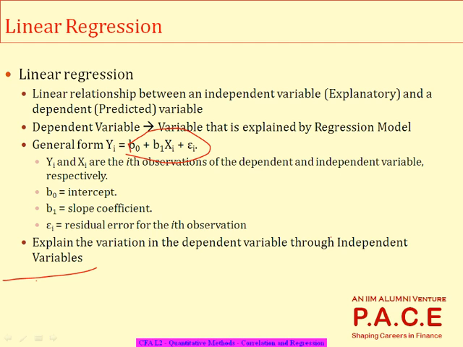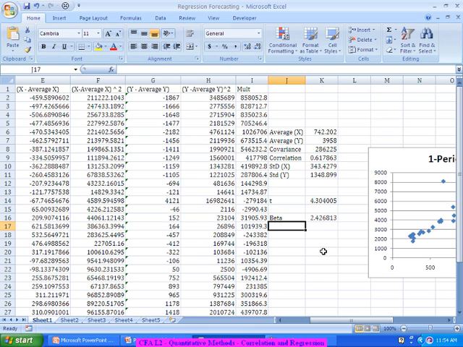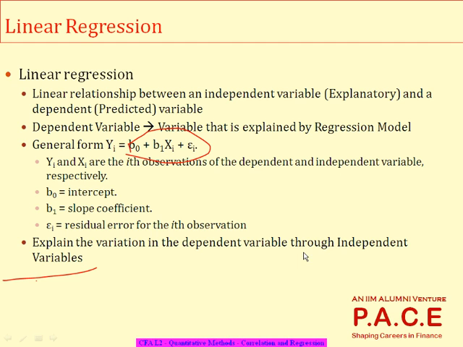And the way I arrive at b naught is, I'll take the average of y. Assume that instead of y1 you take y average. Y average equals b naught plus b1 times x average. The average value also should lie on that line.